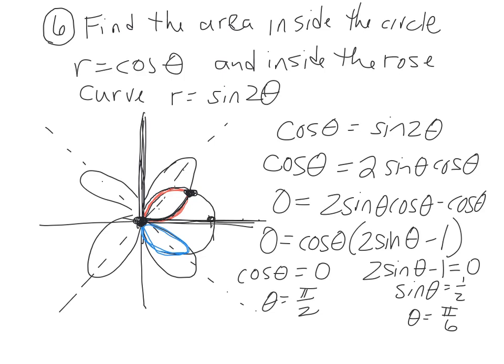So we're going to write an integral that will allow us to find the area of both the top section and the bottom section. We're going to split it into 2 regions because we're going to use the rose curve as the boundary line for this first portion from 0 to pi over 6, and then we're going to use the circle curve as the boundary line for this second section from pi over 6 back to pi over 2.